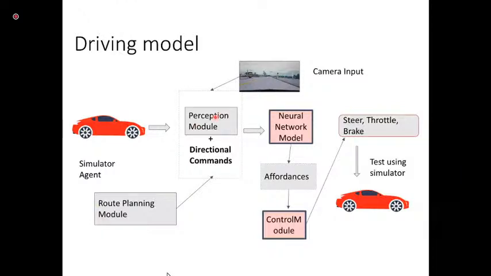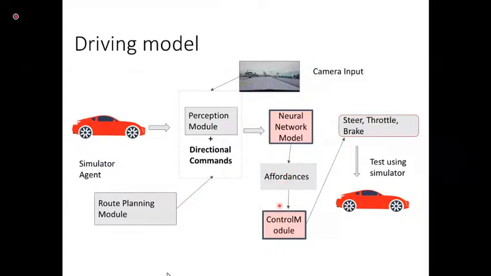Your perception module is just the neural network that we talked about. It takes the camera image as the input, and this whole thing is fed into a neural network model, which predicts the affordances.